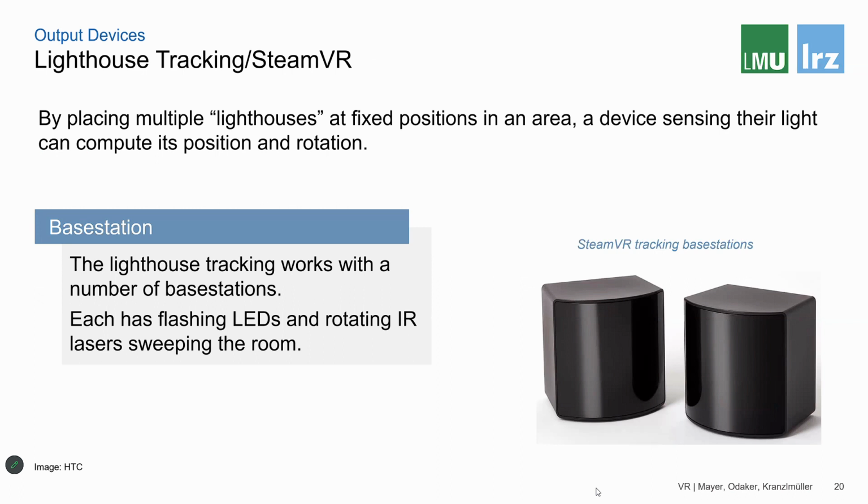And within these base stations, you have LEDs and you have lasers. And both of these use infrared, so you cannot see the light emitted from them. The LEDs are for flashing, and the lasers are actually coupled with rotating mirrors so they can sweep the room.